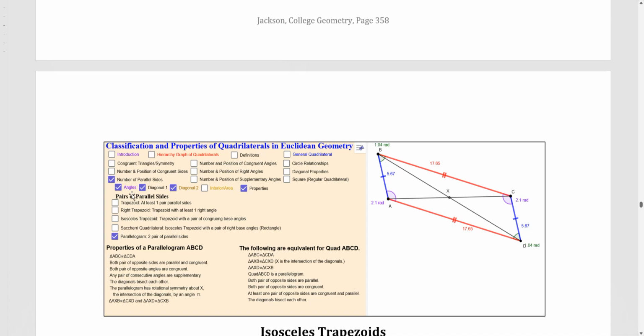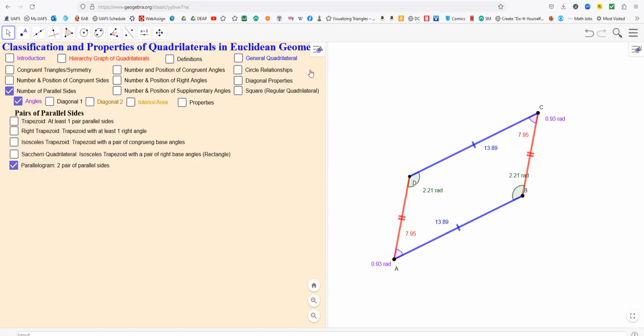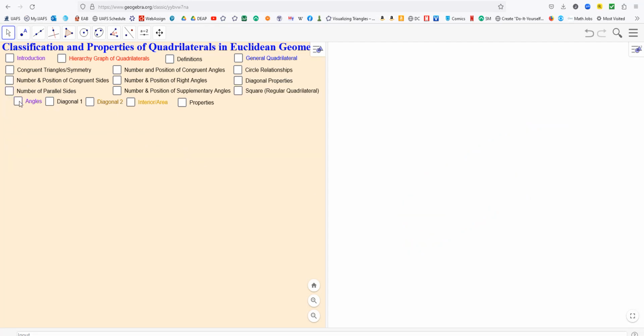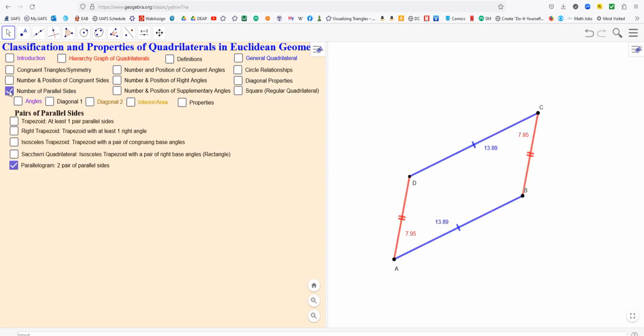And there is a look at the GeoGebra thing that I have. Here it is. You click on classified by numbers of parallel sides, click on parallelogram. You can see the angles measured. We see the diagonal. You can say there is another diagonal. You can turn them on or off.